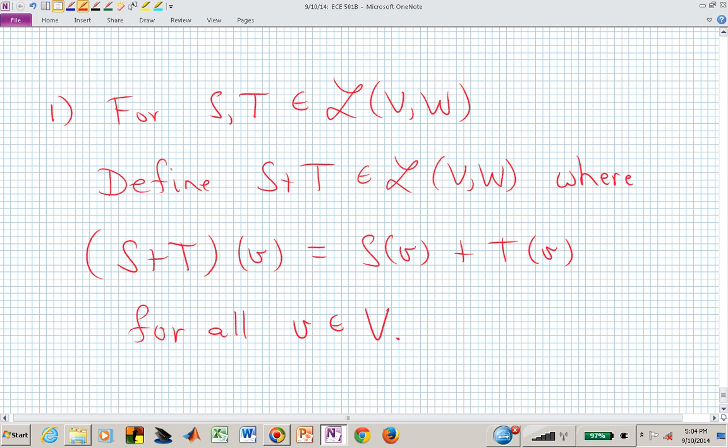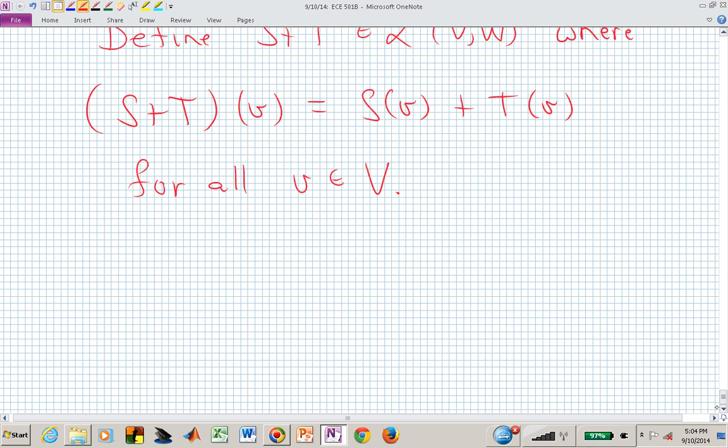That's the vector addition that we need. We can also have our scalar multiplication, and that could be property 2.